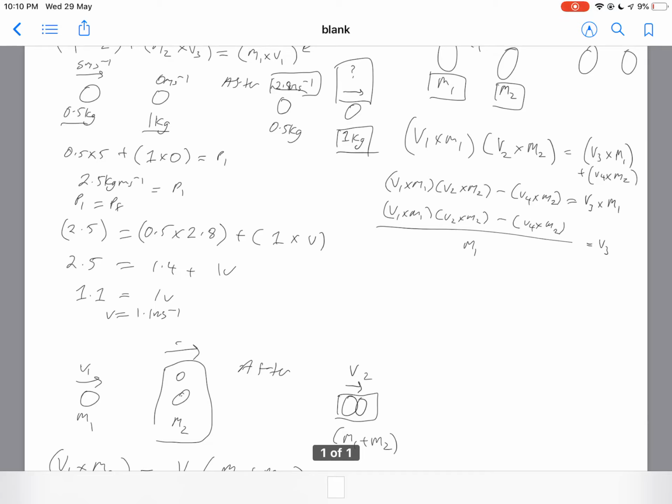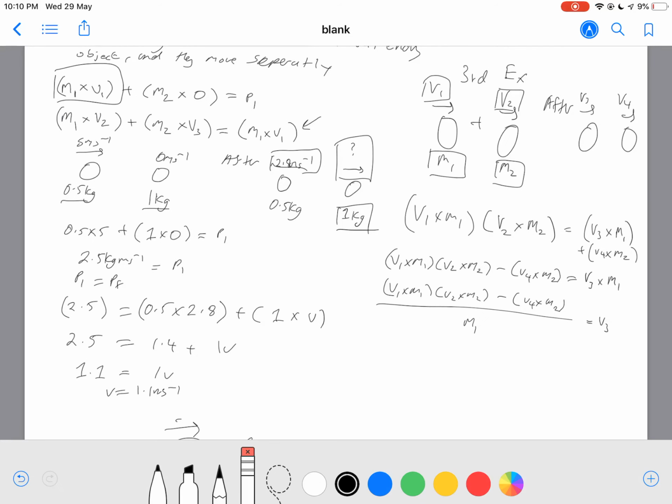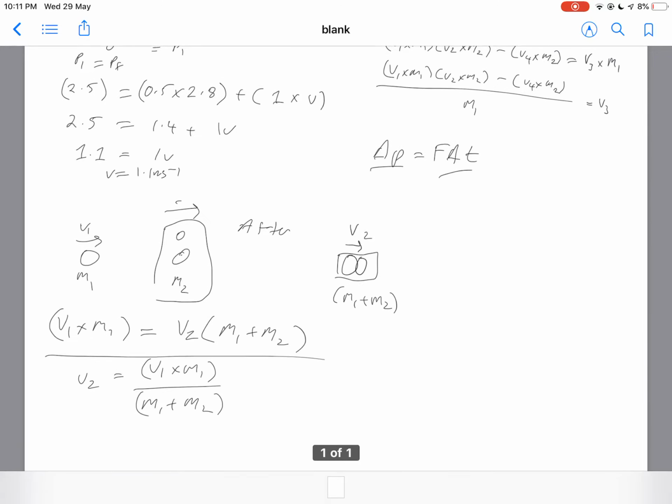The other questions will probably involve the impulse equation: change in p equals F times change in time. They'll tell you the change in p and the change in time, and they want you to find the force.